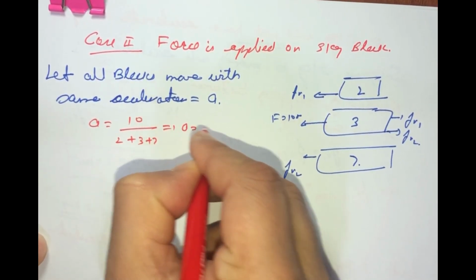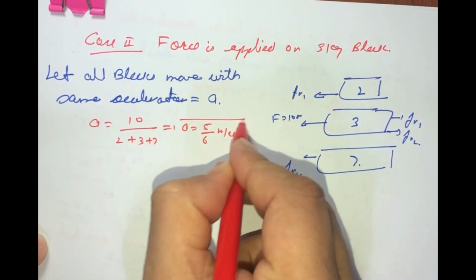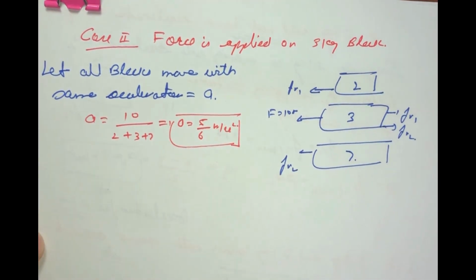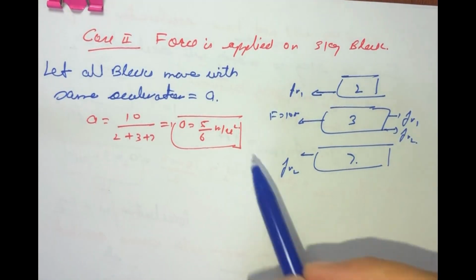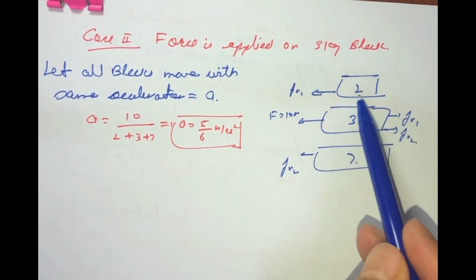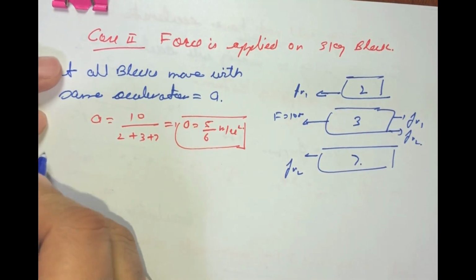So A will be equal to 5 by 6 meter per second square. Now we are going to check one by one whether there is slipping between 2 and 3 and between 3 and 7. So let us consider block 2.